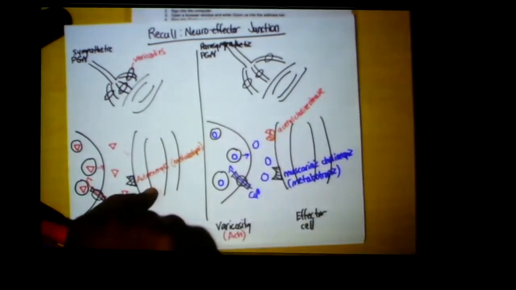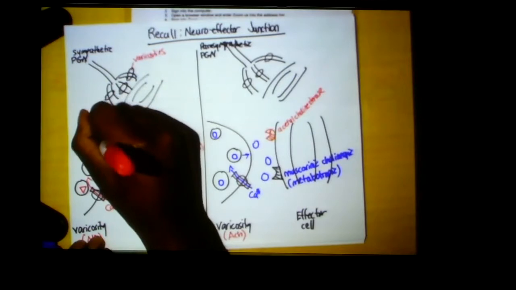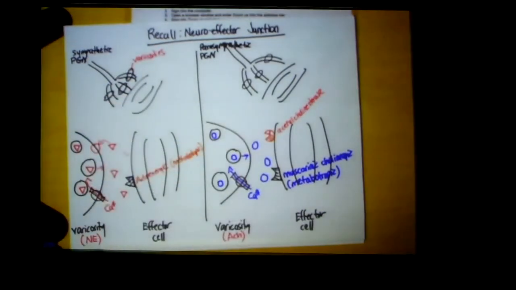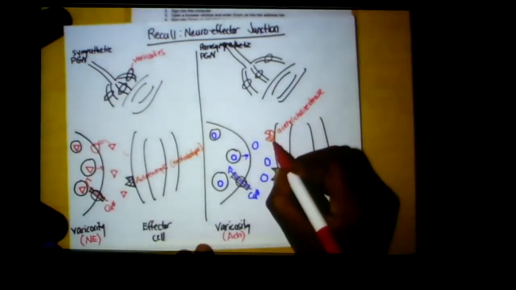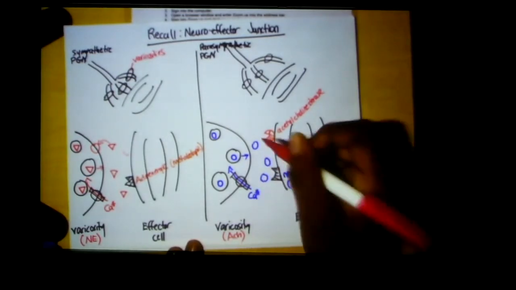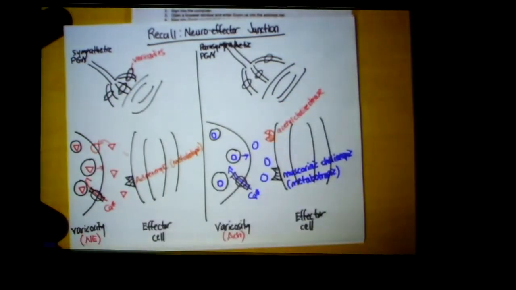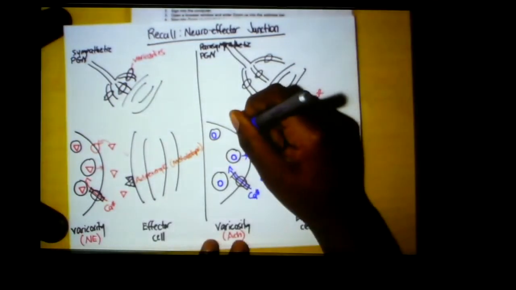Acetylcholinesterase cannot break down norepinephrine. In fact, norepinephrine does not get broken down. It can be reuptaken as it is via its uptake molecule. Acetylcholine, sorry, needs to be broken down by acetylcholinesterase, and then it can be reuptaken. So let's put our uptake molecule here.